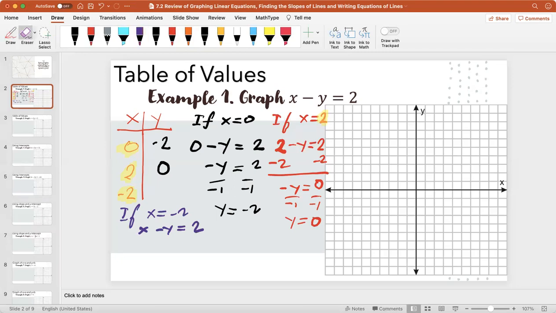So that means your x is now -2. So that is plus 2 plus 2. We have negative y equals 2 plus 2, 4. So what is your y now? Divide by -1, y is -4. Therefore, when your x is -2, your y is -4. Okay?